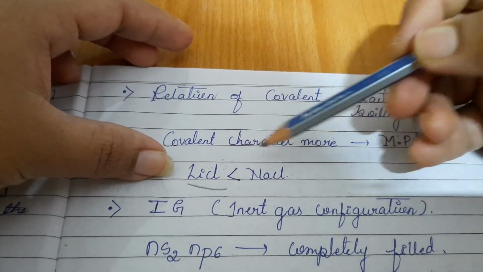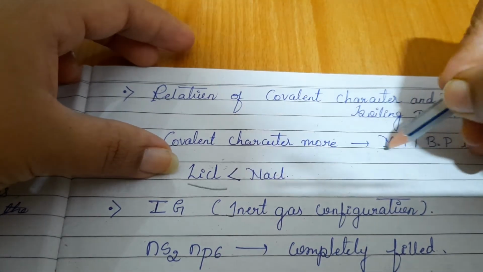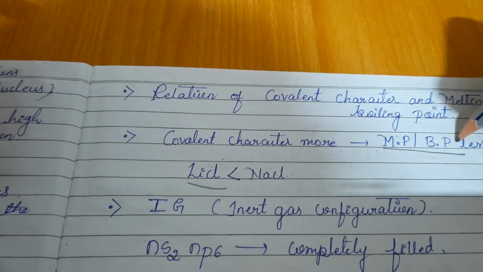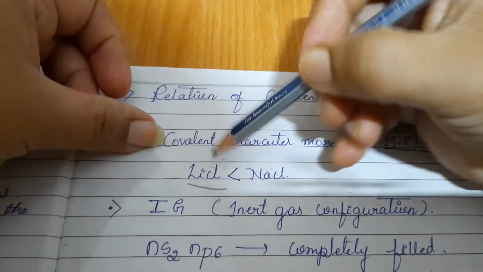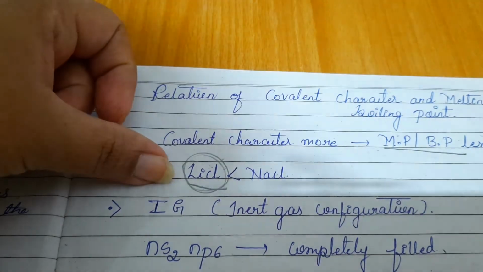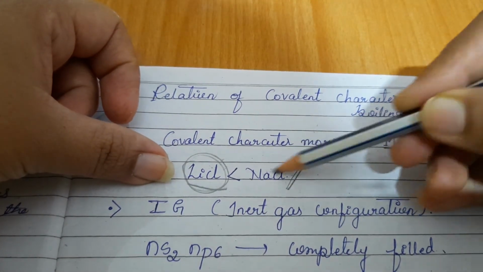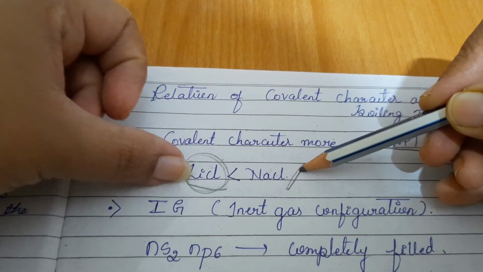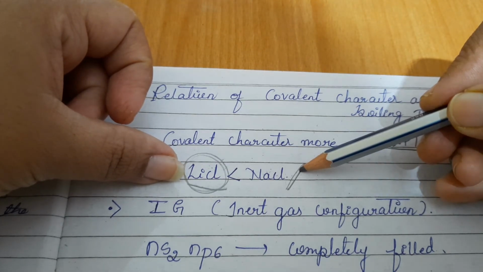So if you consider the difference between these two, melting point and boiling point will be very less for these kinds of compounds, whereas melting point and boiling point will be more for this NaCl. We all know ionic character is strongest due to the strong force of attraction between two atoms.